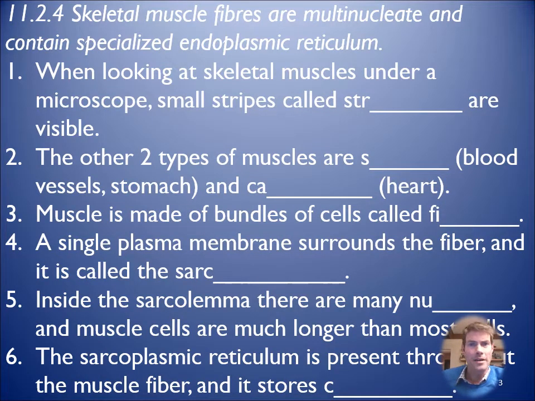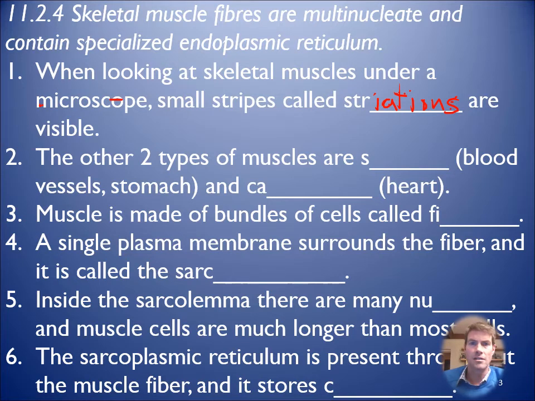If you look under a microscope, which we did a little while ago, you'll see small stripes on the skeletal muscle. Those are called striations, and somewhat on cardiac muscle as well. Okay, two types.